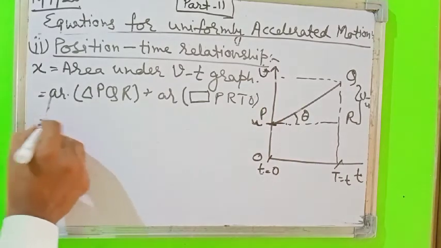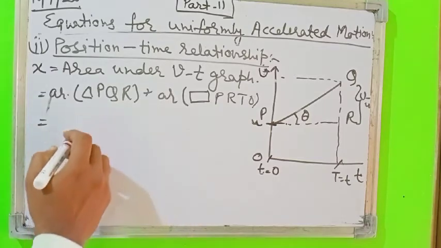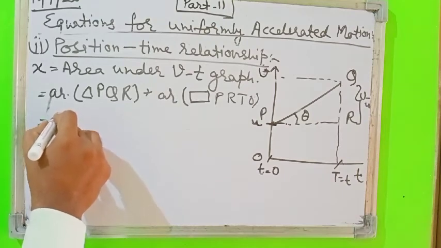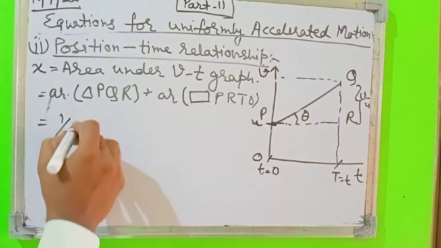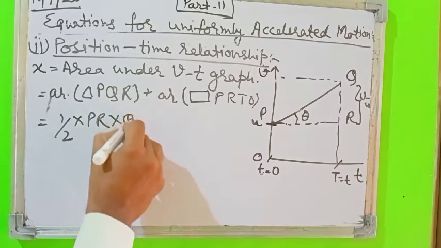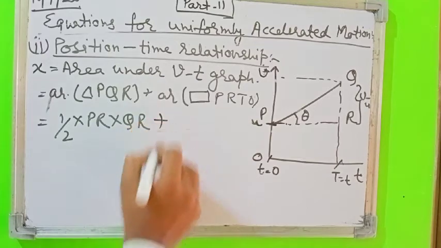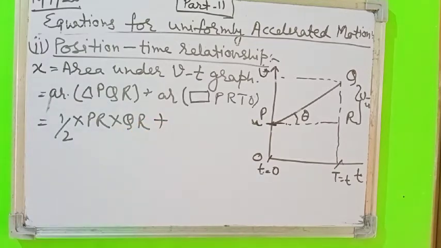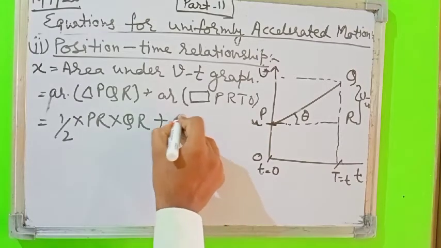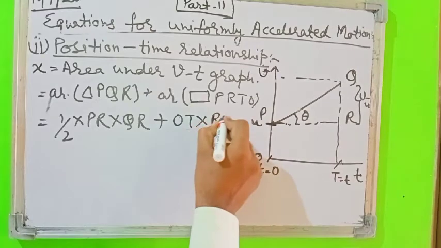The area of a triangle is half base into height, half into PR into QR, plus the area of rectangle PRTO is length into breadth, OT into RT.